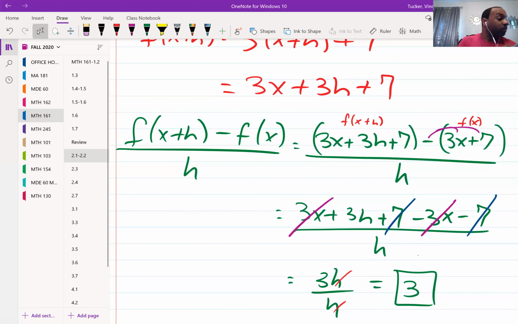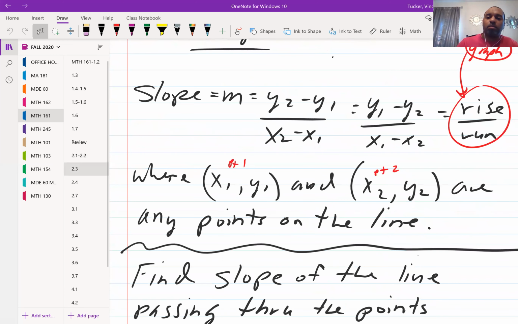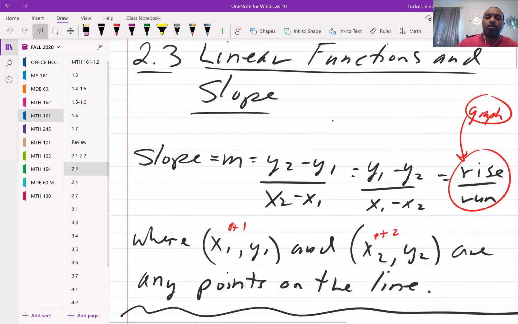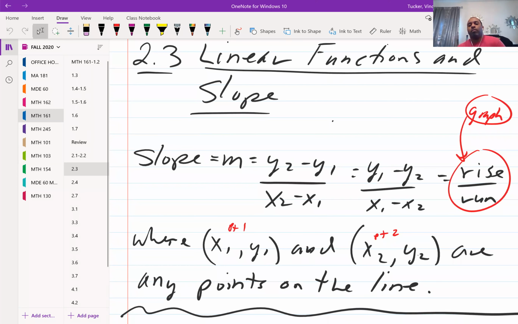And sure, we're good. All right, so 2.3 is linear functions and slope.